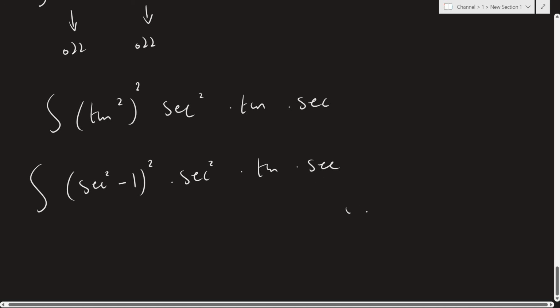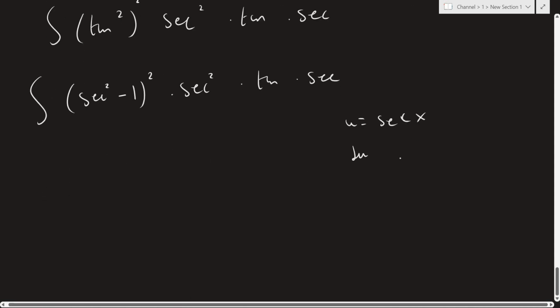Now, we take u as secant x. So u is secant x. Let's take du, which is secant times tan, and dx would be 1 over this whole thing. Okay, great. So now, let's rewrite this.